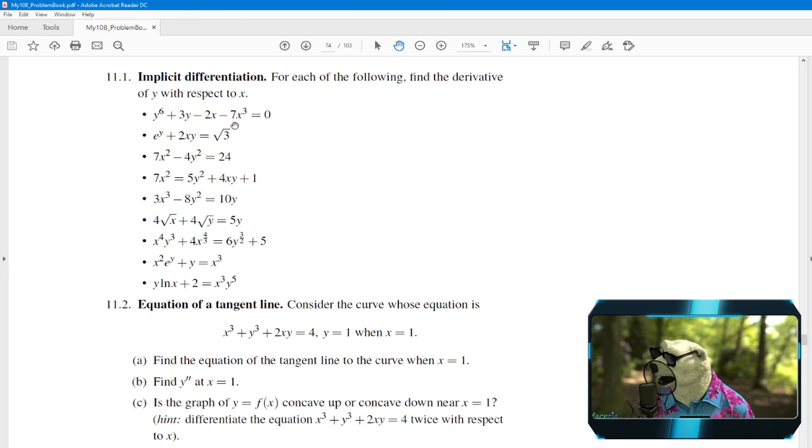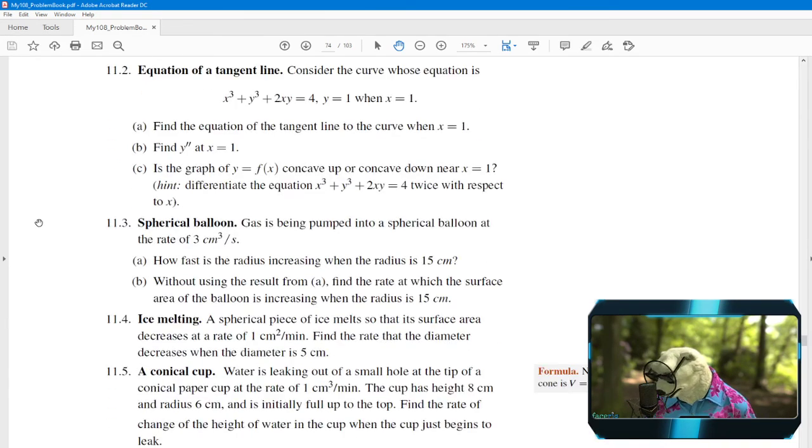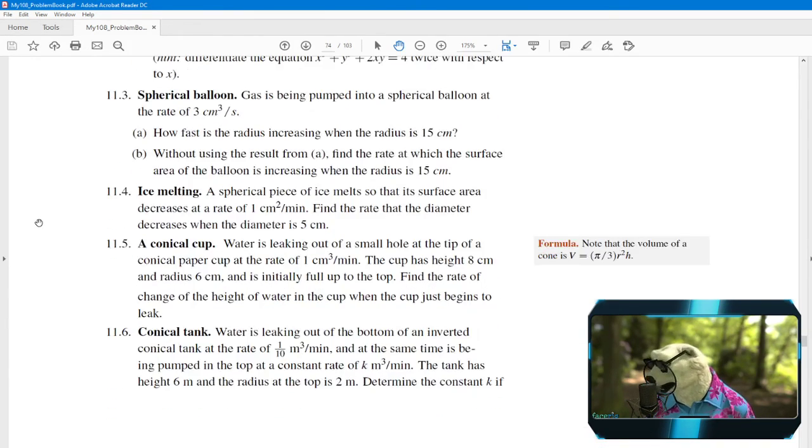I just want some variety to understand what implicit differentiation is doing. And it's doing something very simple, but something very powerful in terms of covering many more graphs than just functions. And then we will look at how implicit differentiation is used with some practical problems starting tomorrow.